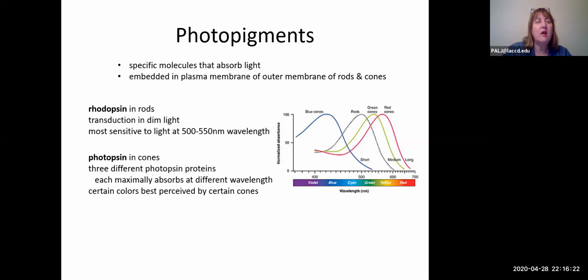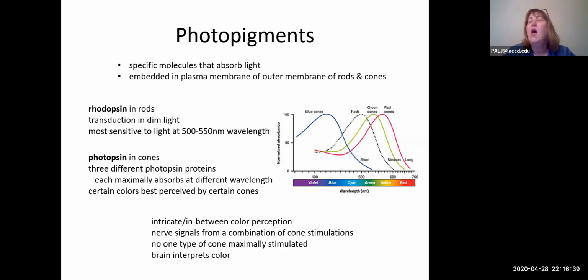This doesn't mean that only that color cone can absorb that one. Do you see how the green and red cones overlap? The green cones are better at a slightly lower wavelength than the red cones are, but there is some overlap between them.